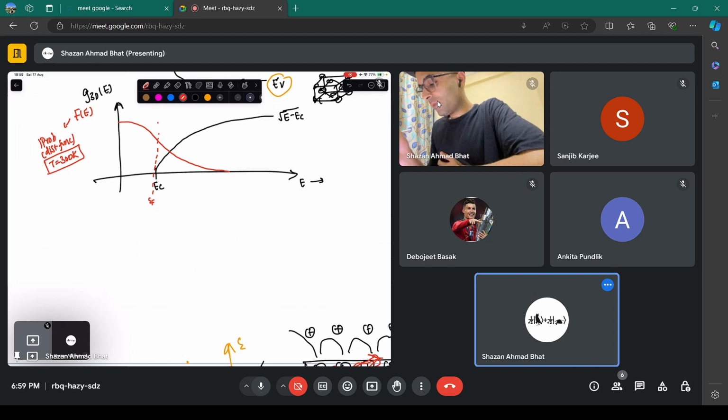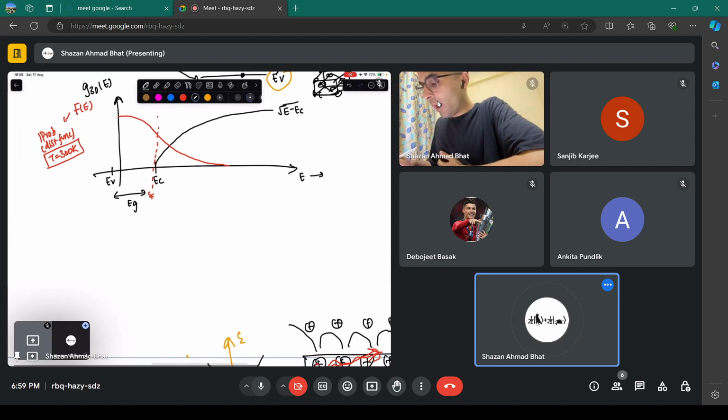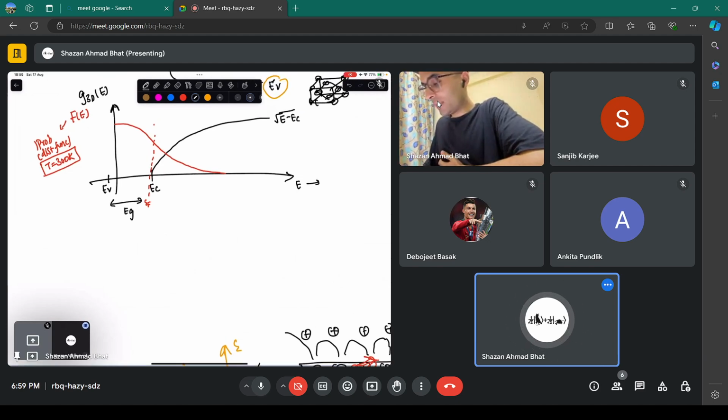Now let's say on this end there is the valence band also, and this is the band gap of the semiconductor. You compute the electrons in this system by considering both f of E and g of E. That's the main concept.